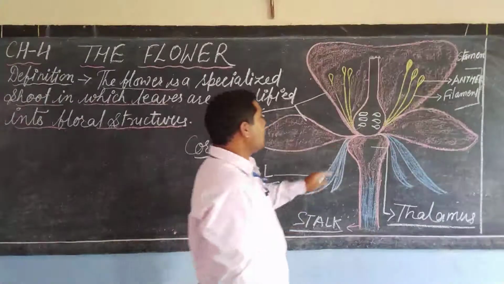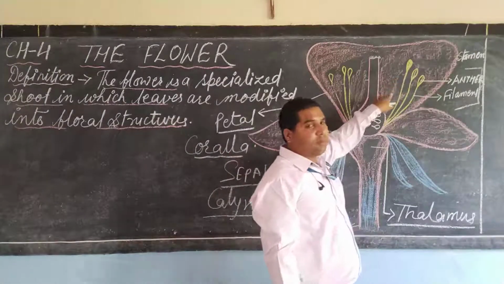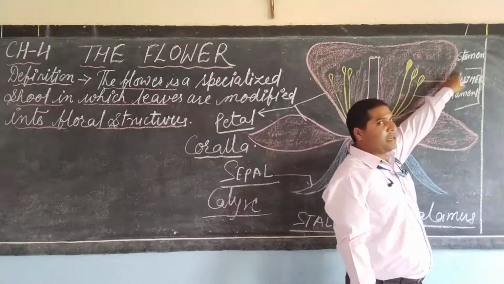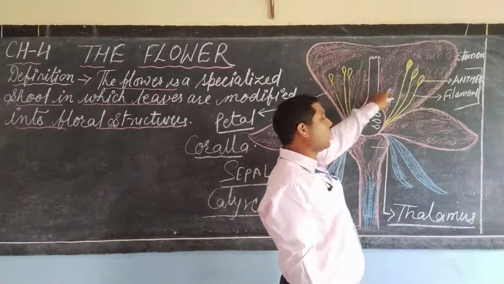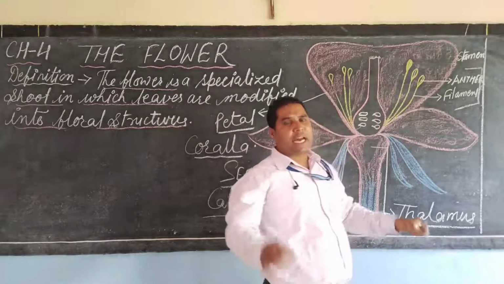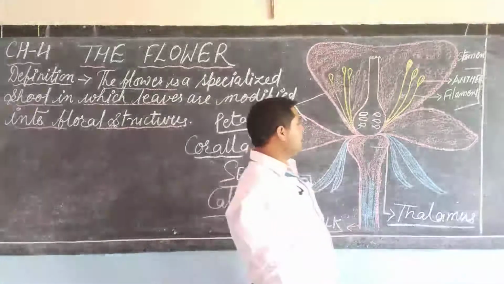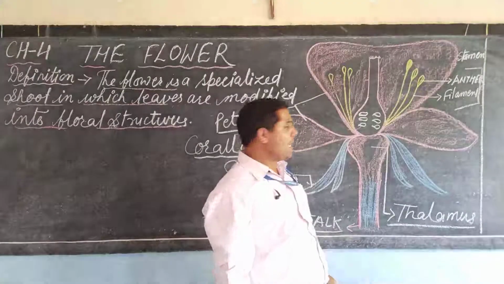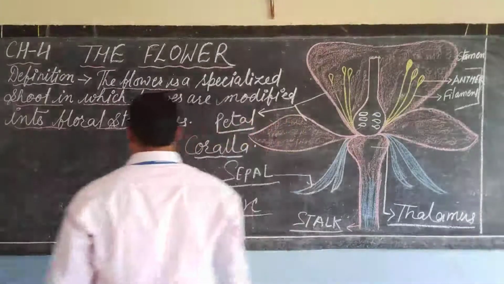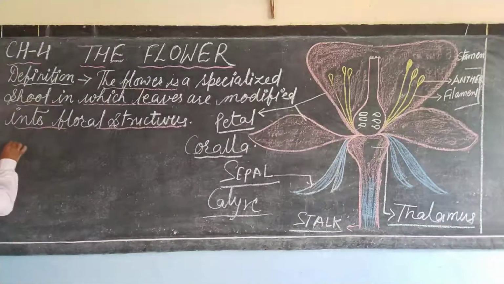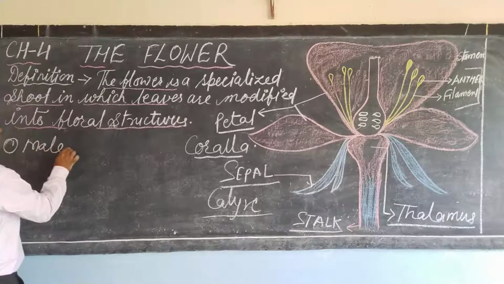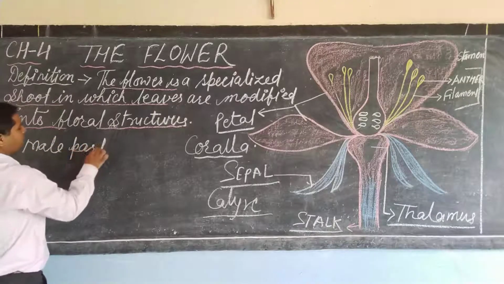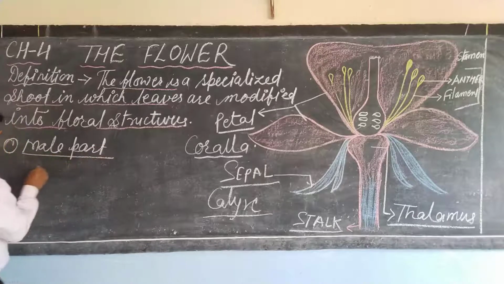Now, a single male part of the flower is known as a stamen, whereas all the male parts of the flower collectively are known as androecium, dear student.